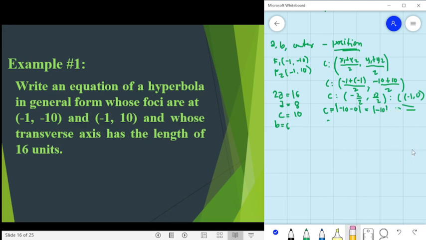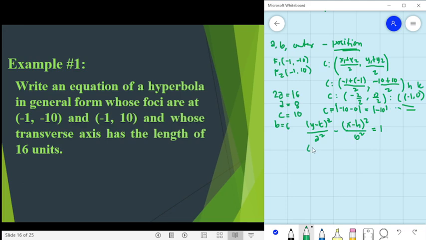Okay. So, our equation would be quantity y minus k squared over a squared minus quantity x minus h squared over b squared is equal to 1. So our h here is negative 1 and our k is 0.